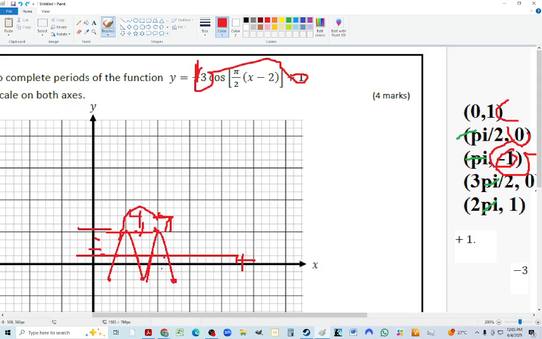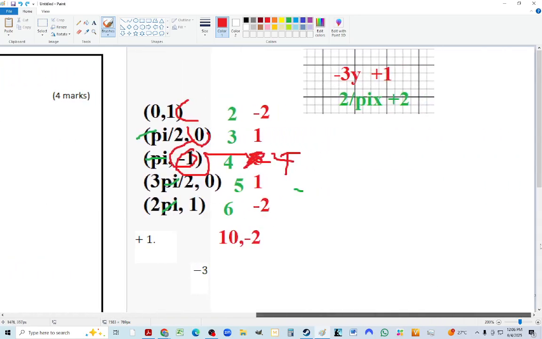If they ask me what's the point at, so there's 4, 8, 12, 16, 20. If they ask me for the point here, where would it lie? I just have to go and see. It's going to be a max. So that's going to be 20 comma 4. So you can figure out all future points from your graph as well.